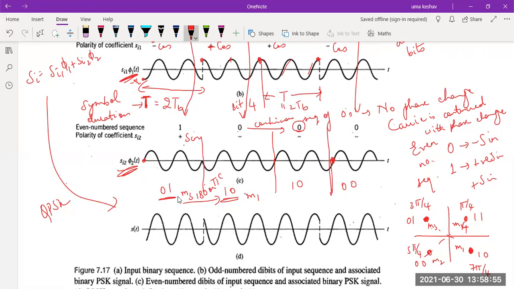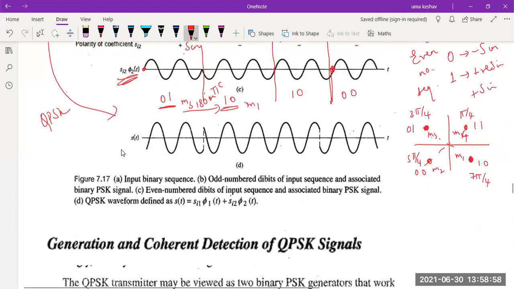What was the basic phase of M3? It is 3 pi by 4. To that, if you add pi radians, how much will you get? You will get 7 pi by 4. So I have to draw the waveform which starts and ends at 7 pi by 4.